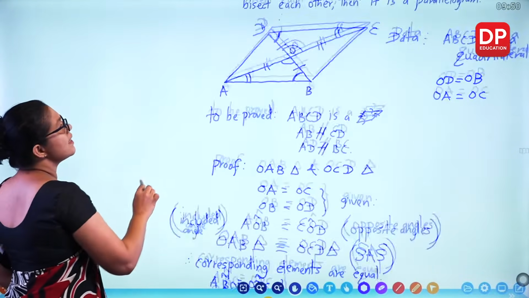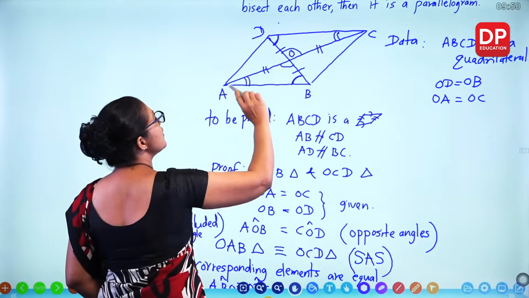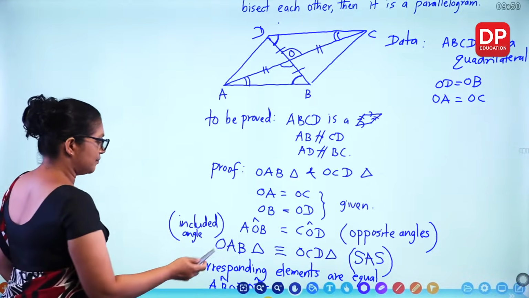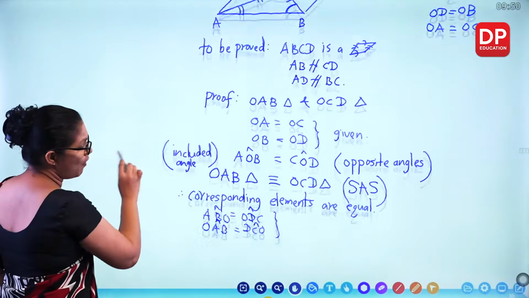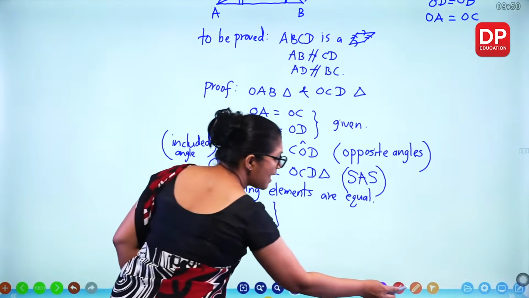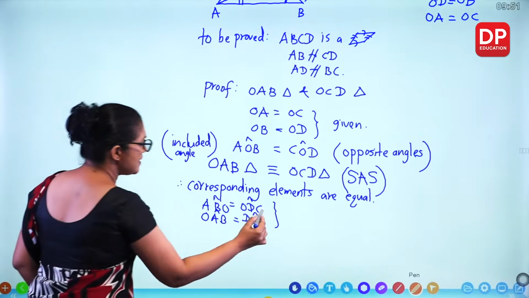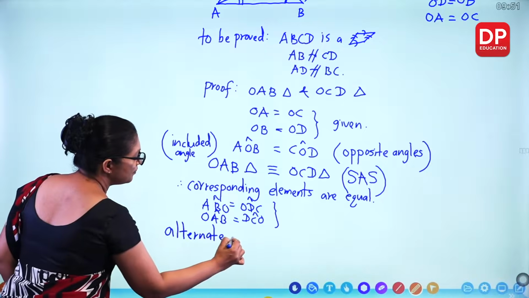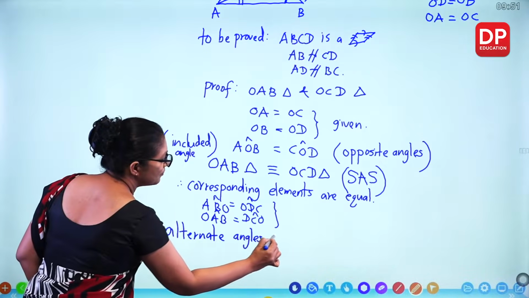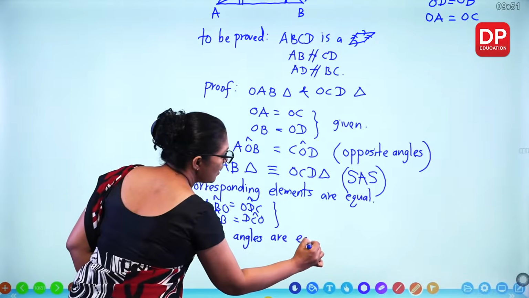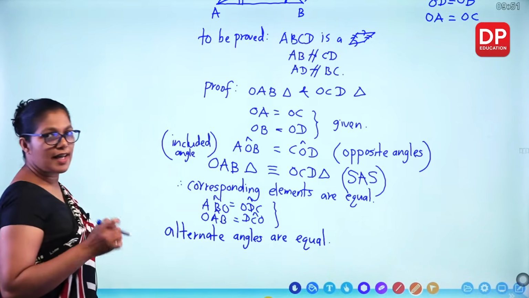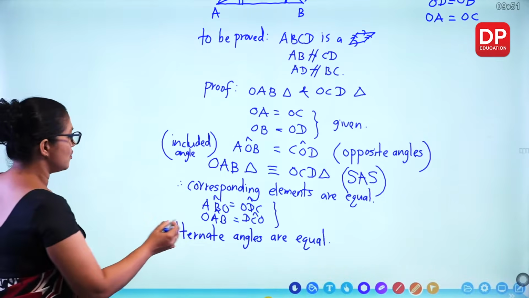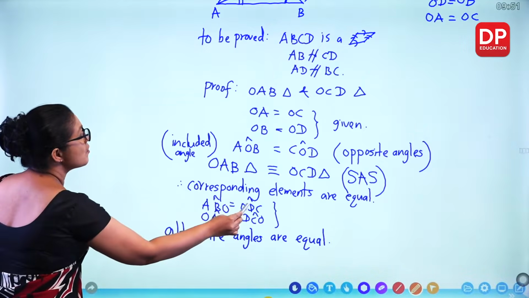Now, what are those? When you take this one with this one as well as this one with this one, these are alternate angles. We found that alternate angles are equal. These are alternate angles. So, alternate angles are equal. What can you say about the two lines? The two lines are parallel. So, here this angle is equal to this angle.